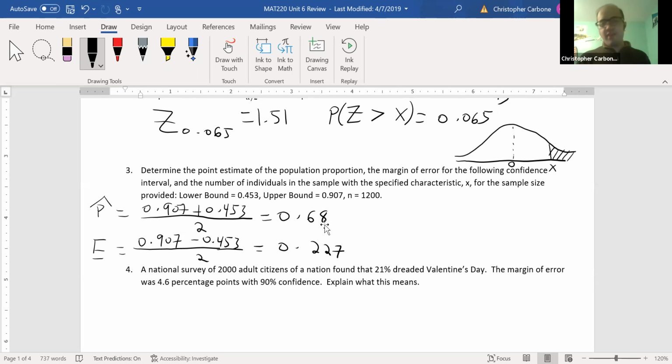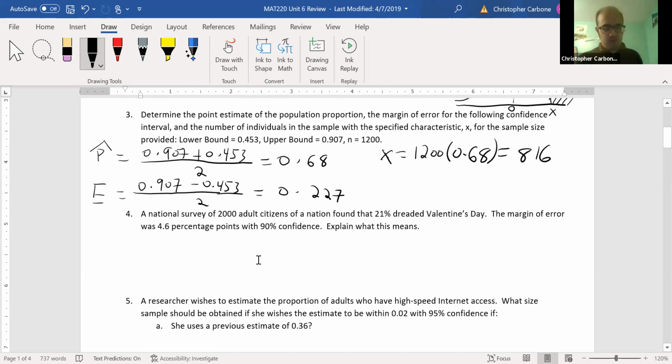And we would get the same thing if you did something like 0.907 minus 0.68. And to get x, we're going to multiply 1,200 times 0.68. That gets 816. That's that particular value.